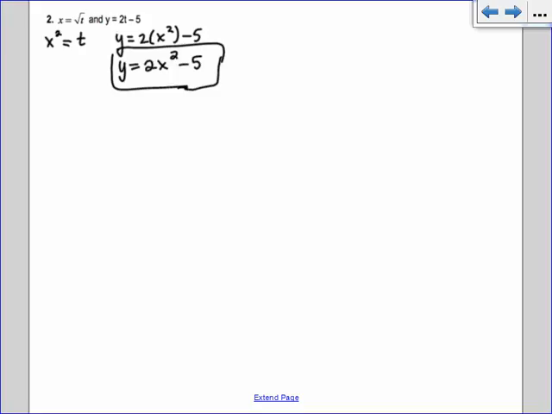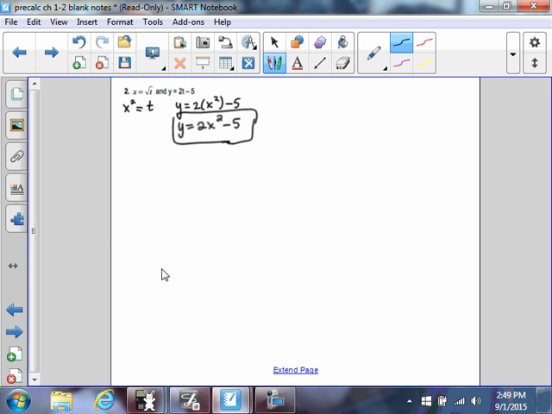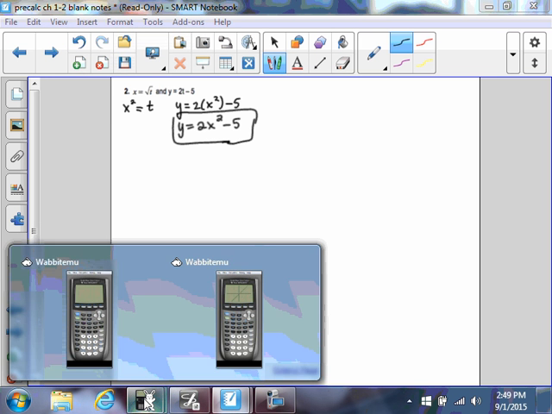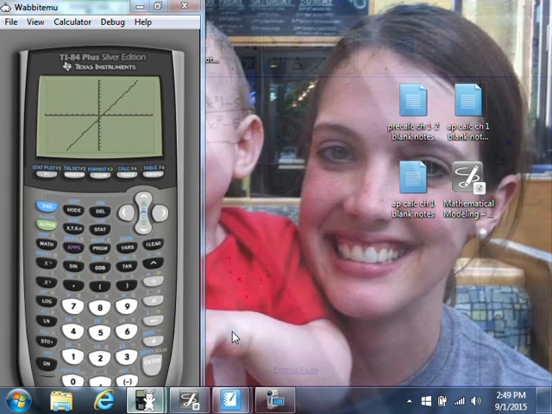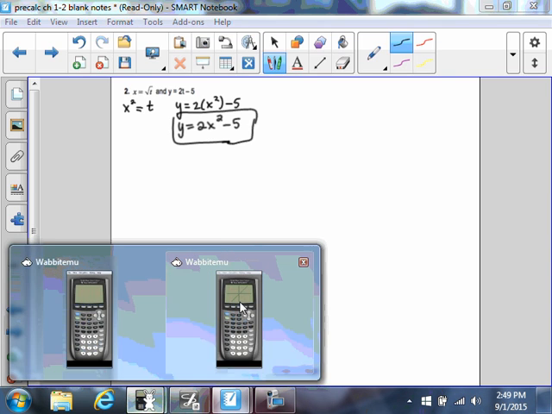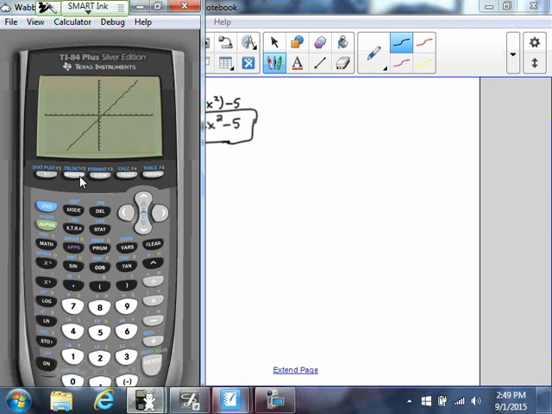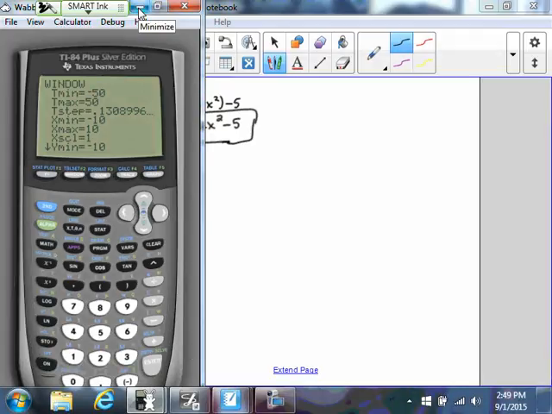Yes, Julie. Okay, if only part of your parabola is showing, remember that's when you go to your Tmin and Tmax. So you're just going to go in here to window, and you're going to change Tmin and Tmax to negative 50 or 50. And then you'll see the rest of it. Did you do that? What do you have for your Xmin and Xmax?